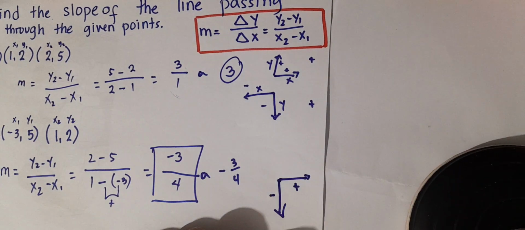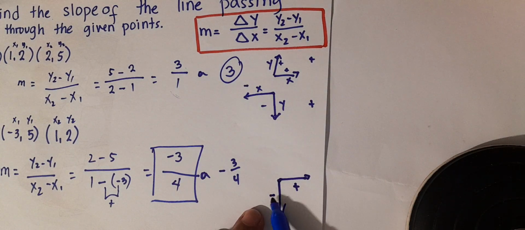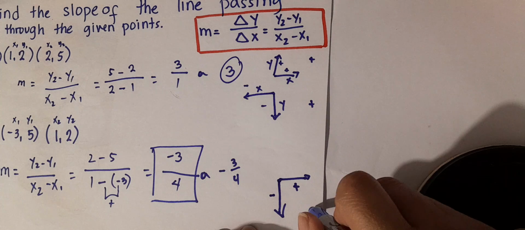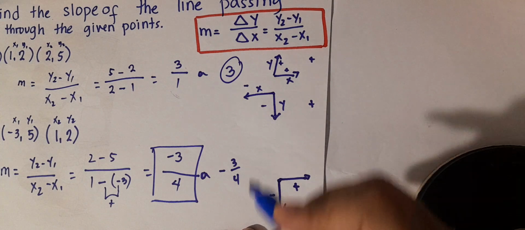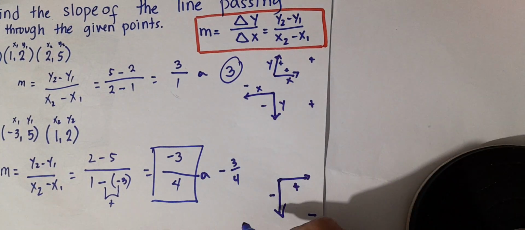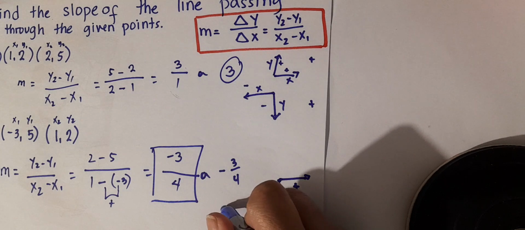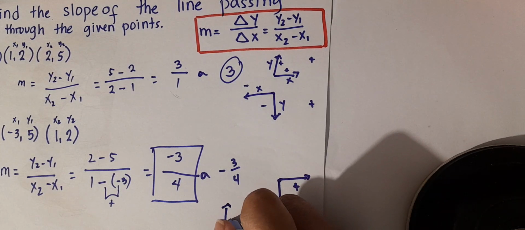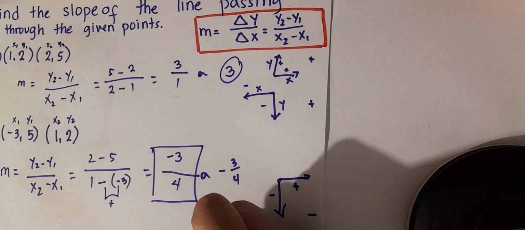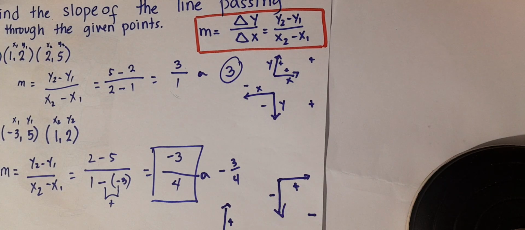Okay? So, if you multiply the signs, negative, positive, the final sign will still be negative. Or, it can also be going up, positive, and then going to the left, negative. When you multiply negative, positive, the final sign will still be negative.